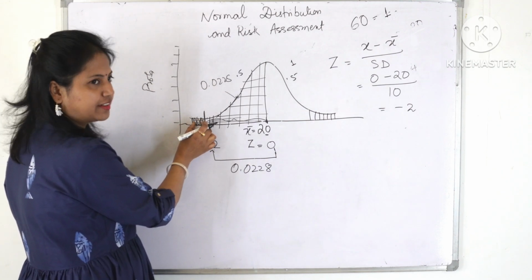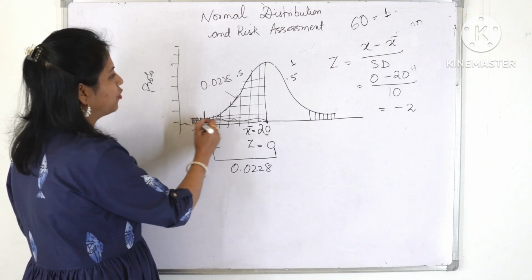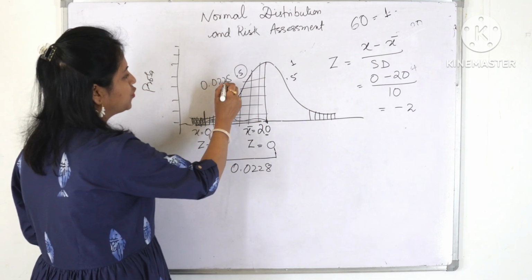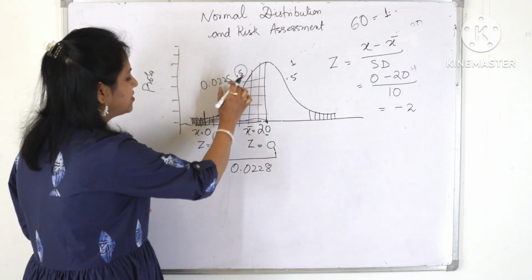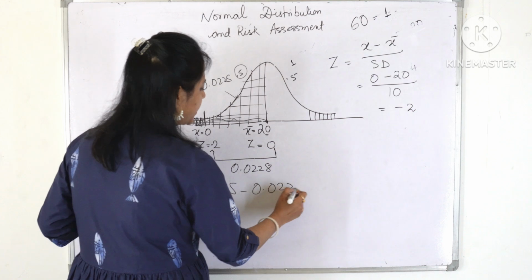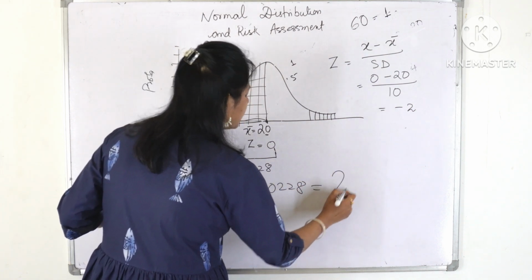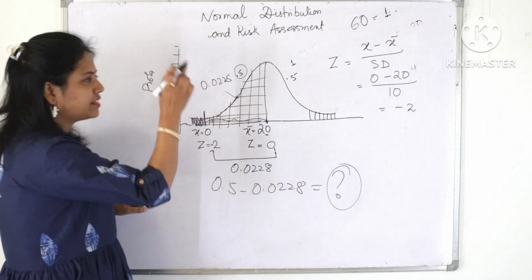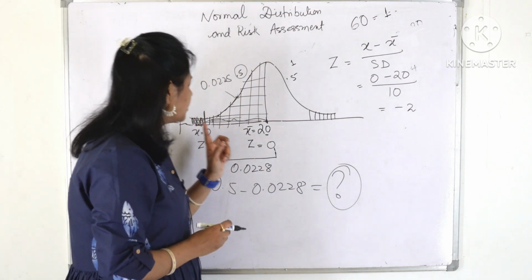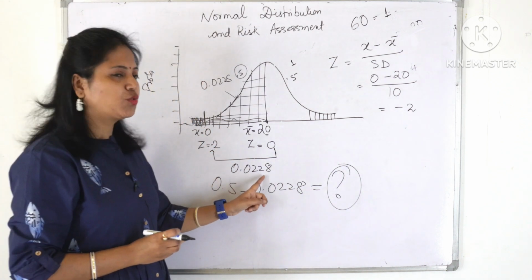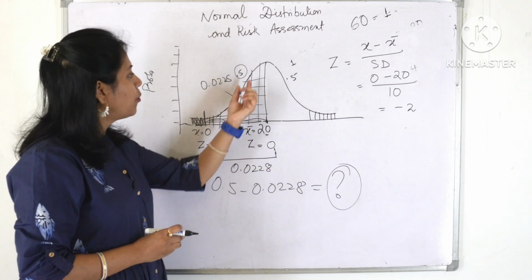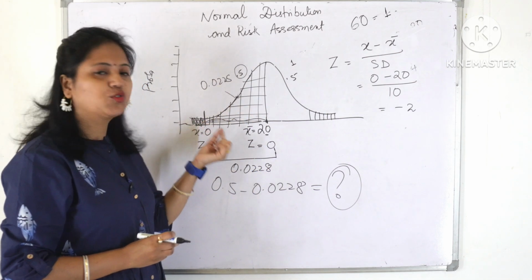So very logical: if the whole area is 0.5 and this area is 0.0228, I can just subtract it from 0.5, that is 0.5 minus 0.0228. Whatever figure comes is the probability that this person will earn 0 or less than 0. The chances of earning 0 or less than 0 is 0.5 minus 0.0228.